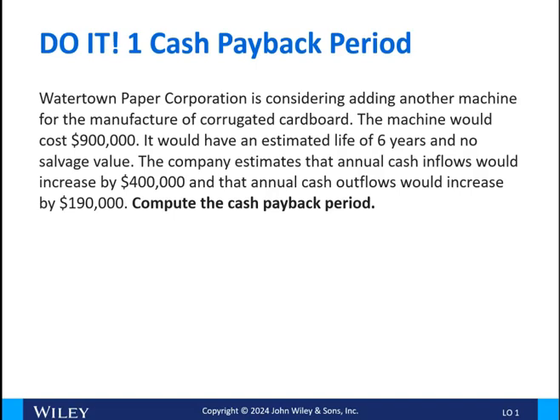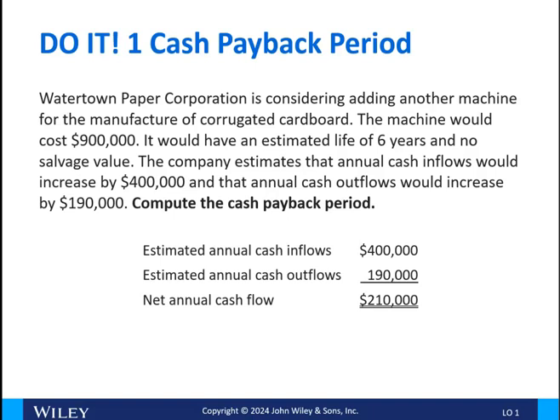So the first thing we have to do is figure out what our annual cash flow is. We have inflows of 400, outflows of 190. So we net those together and we get 210,000 cash inflow on an annual basis. Next, we'll calculate the cash payback period.